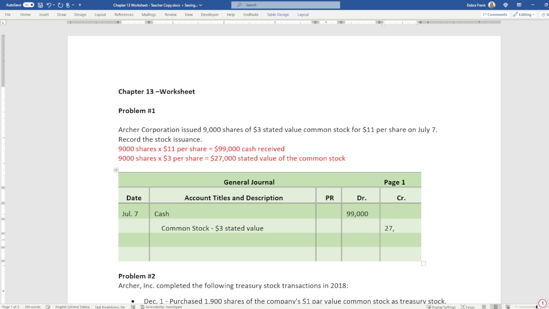So the common stock's normal balance is a credit. That makes sense. And we're out of balance. Our debits and credits don't equal. So this is where, as I said, this is our plug. Well, that's the paid in capital in excess of stated value.